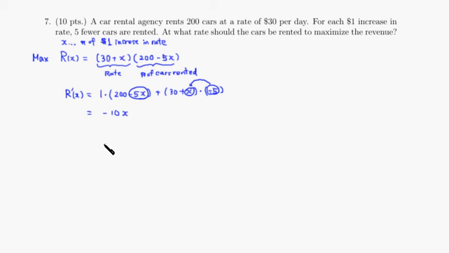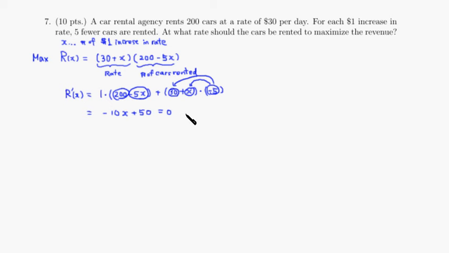And then you have a 200 here, and then you have to multiply -5 by 30. So that's -150. So 200 minus 150 would be 50. So that's the derivative, and set that equal to 0.